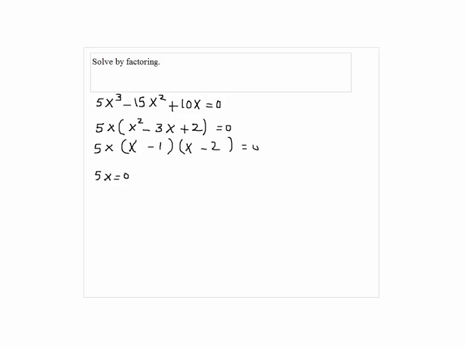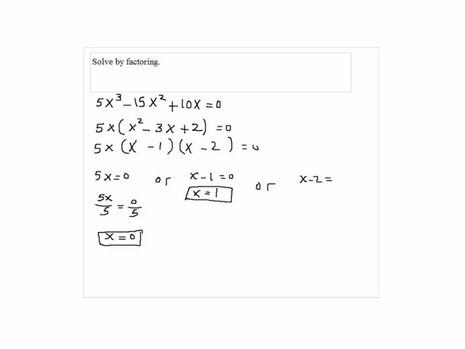So we have 5x is equal to 0. So I divide both sides by 5. x would be equal to 0, one solution. Or x minus 1 is equal to 0. You add 1 to both sides of the equation, so we get x equal to 1.